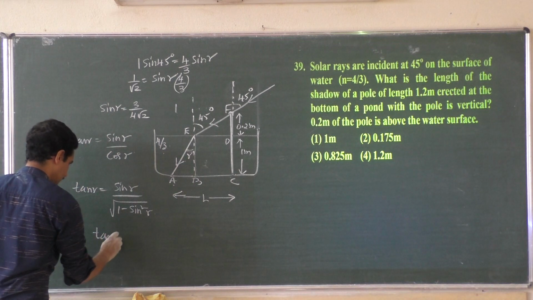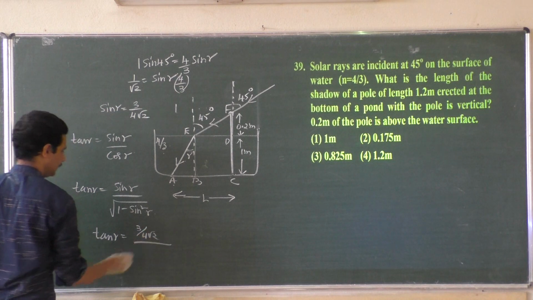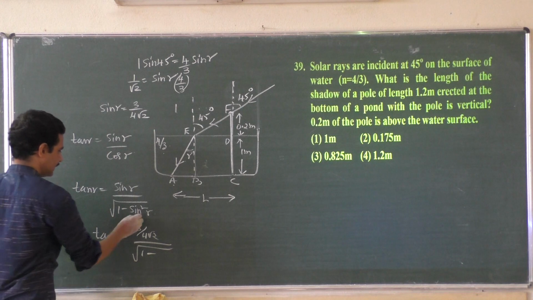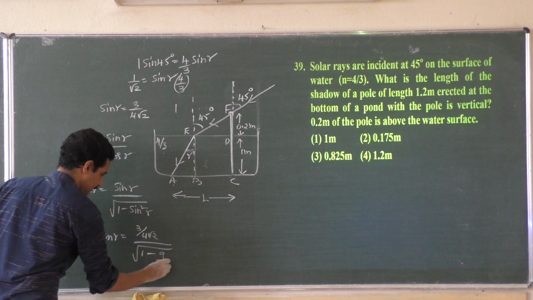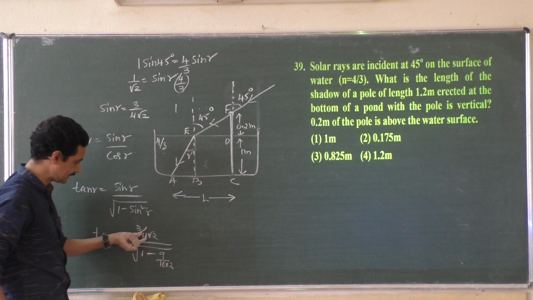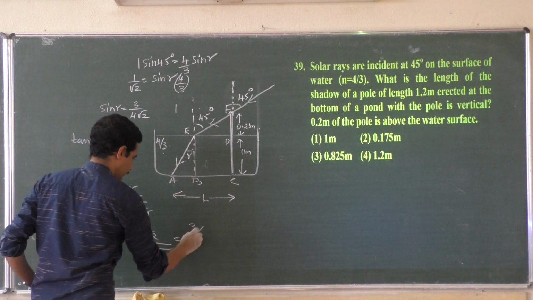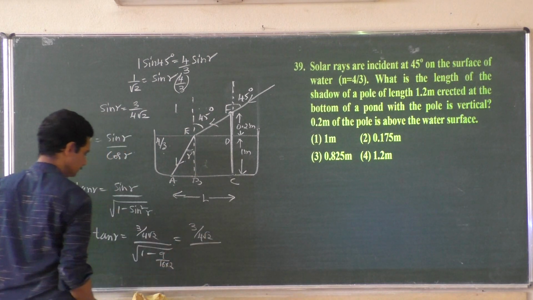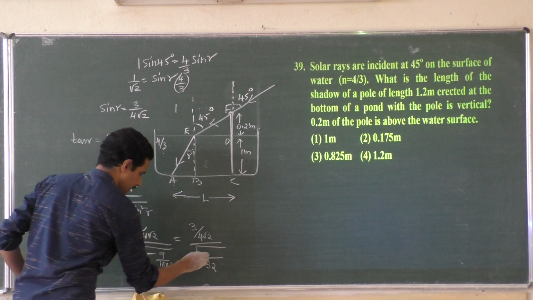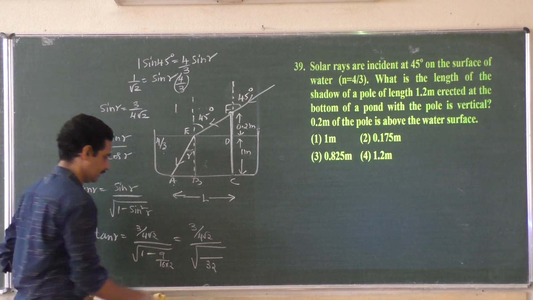Tan R is equal to sin R, 3/4√2, by root of 1 minus sin squared R, 9/16 into 2, correct? Square, 3 square 9, 4 square 16, root 2 square 2. 3/4√2 by root of 32 common, 32 minus 9, 23.